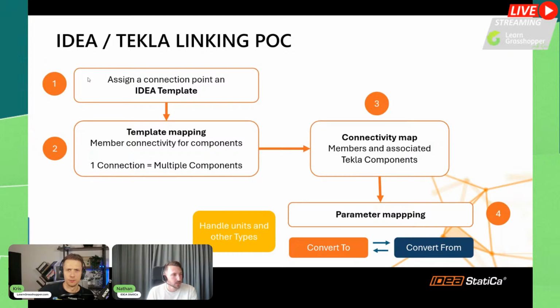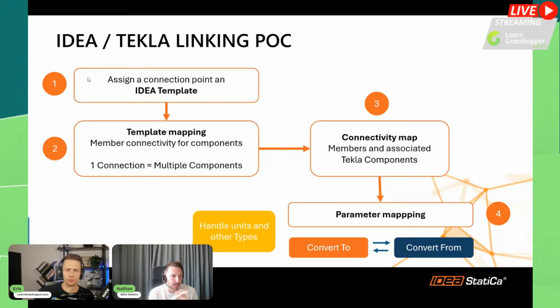So the workflow is, when we have a connection point in Grasshopper from Idea, we'll assign a template that we've created, and then we'll use some new proof of concept components that we've created to output what I'm calling a connectivity map between Idea Statica and Tekla.